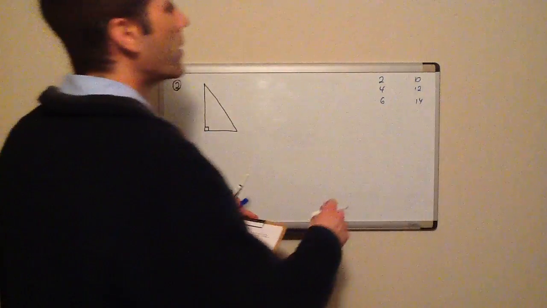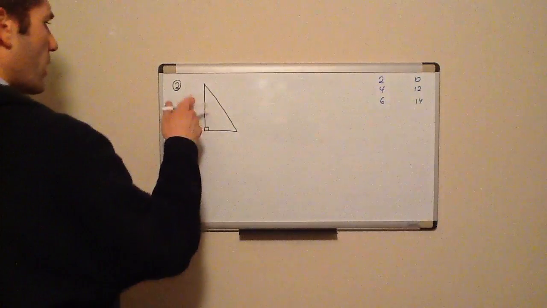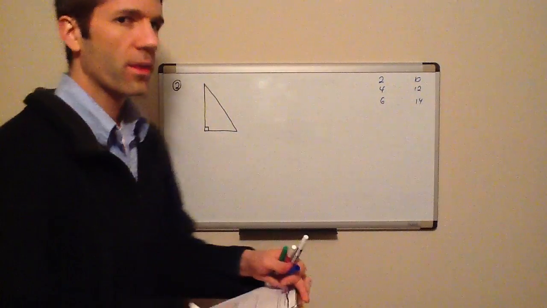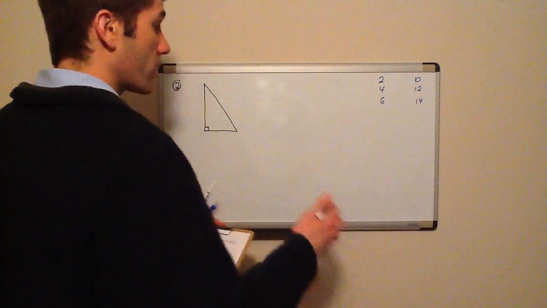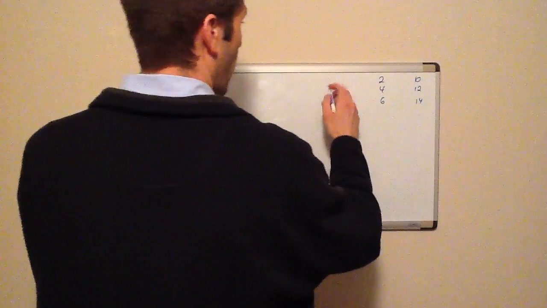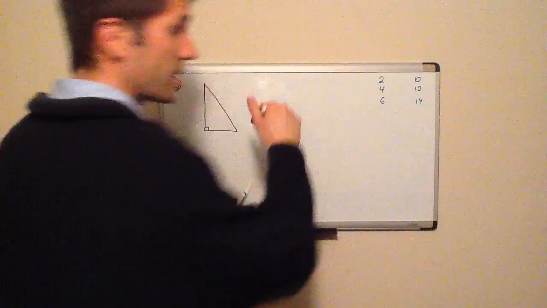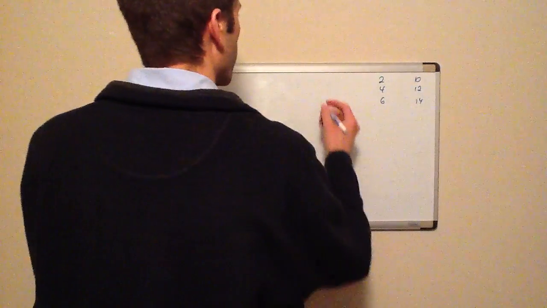I digress though. So I want 3 consecutive numbers that can go here, here, and here that would make a right triangle. So we can experiment, like 4, 6, 8, and then 6, 8, 10, but let's just go ahead and define it using a variable.